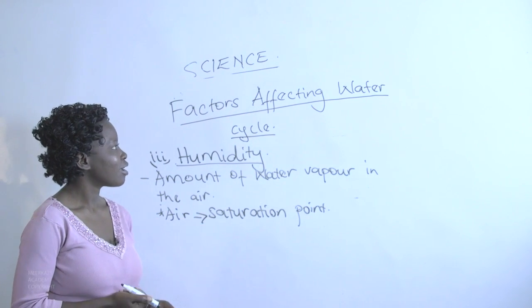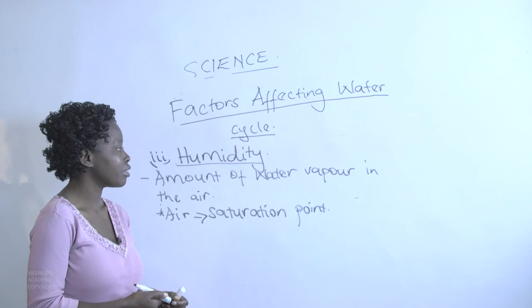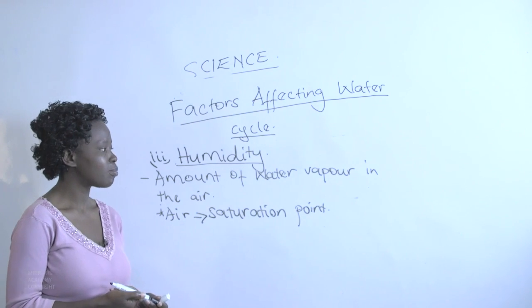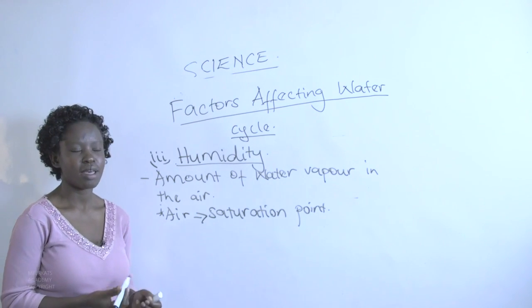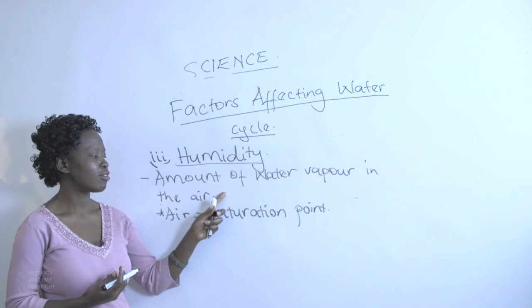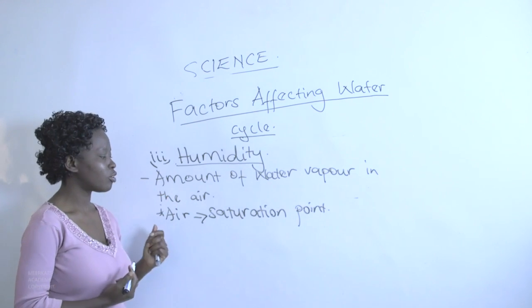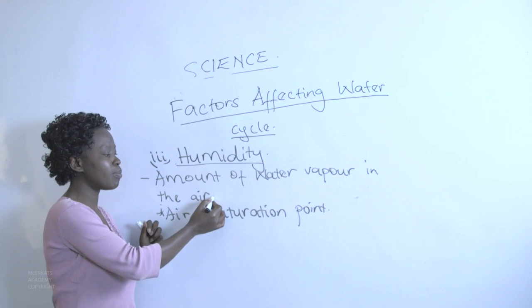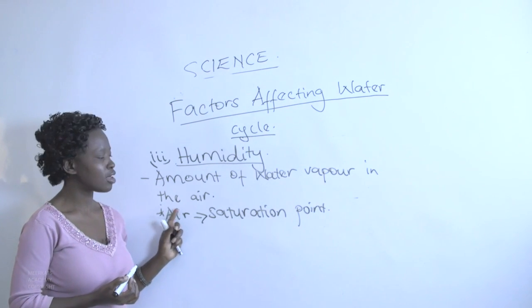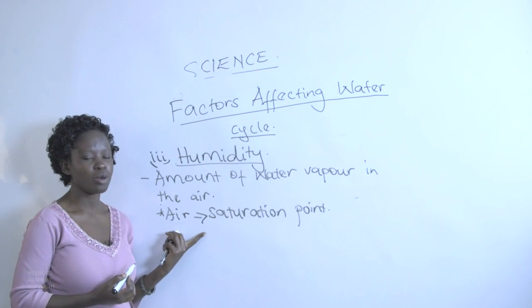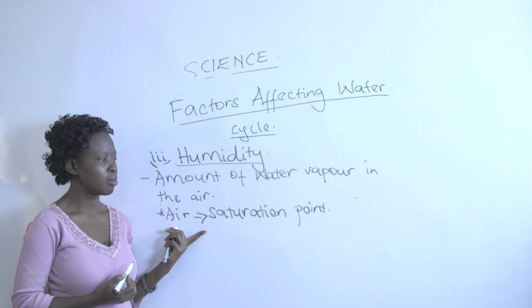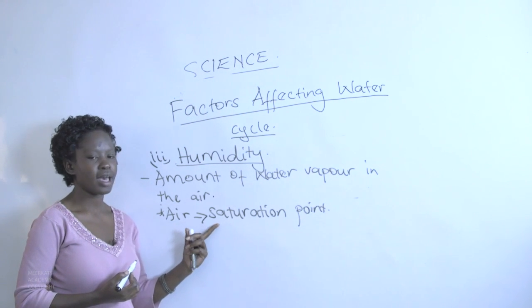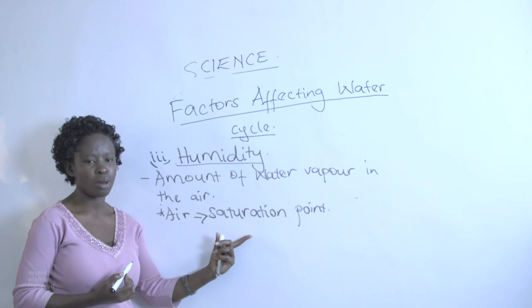So another factor affecting the water cycle is humidity, which we define as the amount of water vapor in the air. If the water vapor in the air has reached a point where the air cannot hold it anymore, then we say that the air has reached the saturation point.